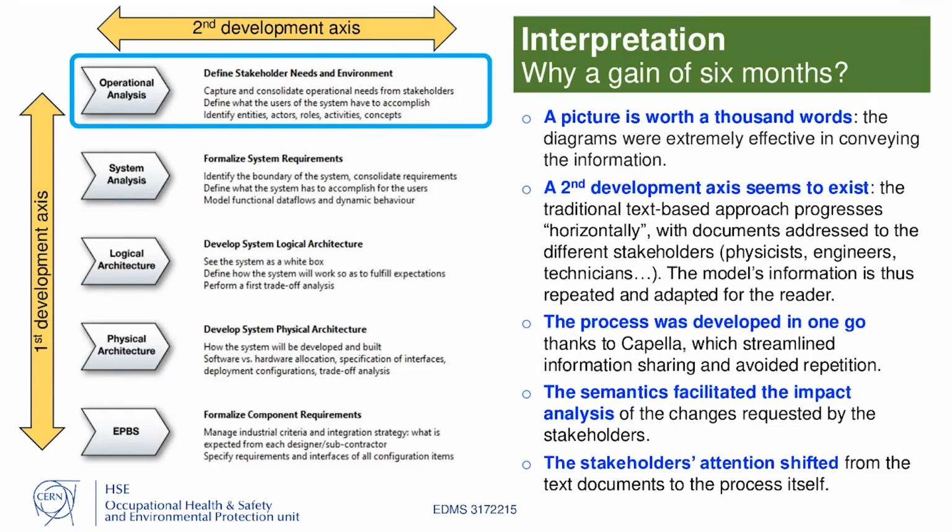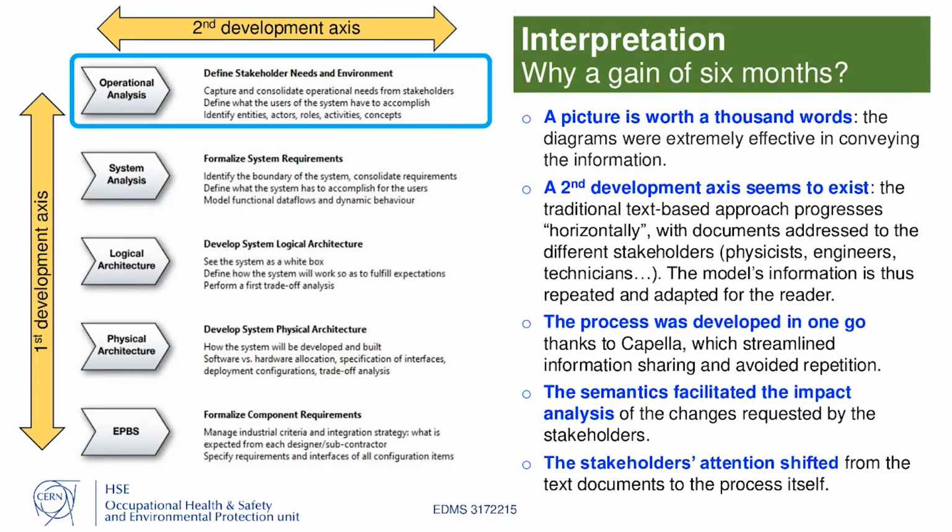Capella and ARCADIA led me, in a sense, to develop the process in one go, which streamlined the information sharing and avoided repetition. On top of this, the semantics facilitated the impact analysis and the changes requested by the stakeholders. I noticed also, and this was quite interesting, that the stakeholders' attention shifted from the text to the process itself.